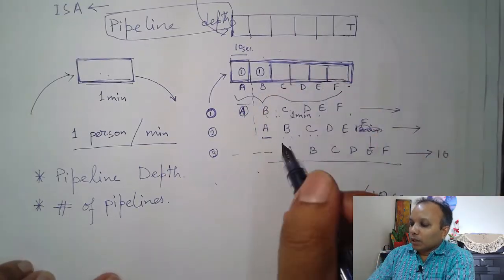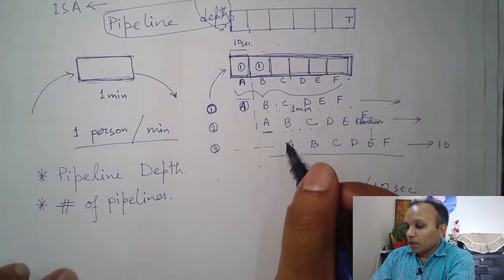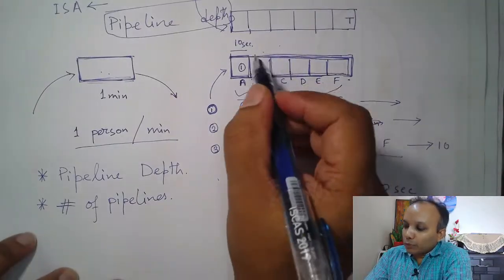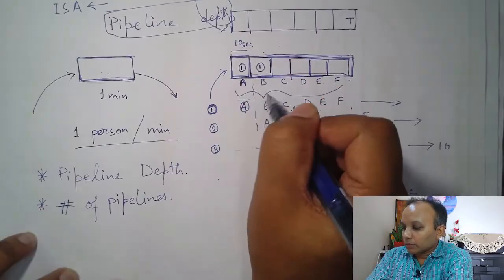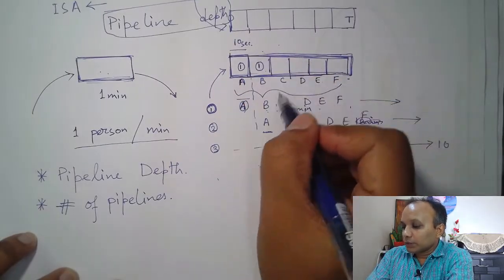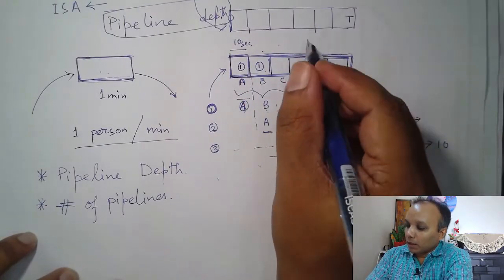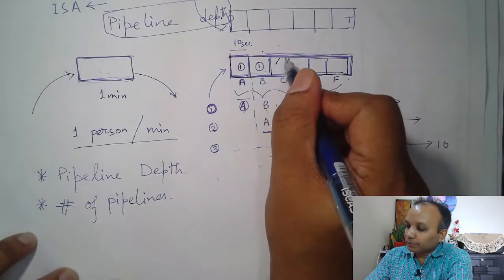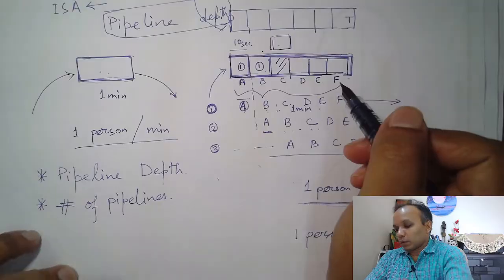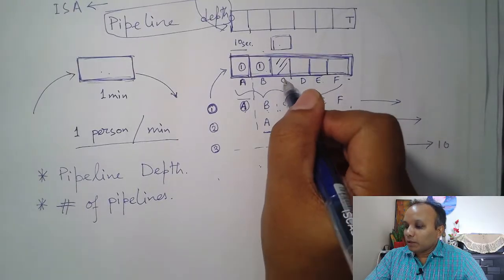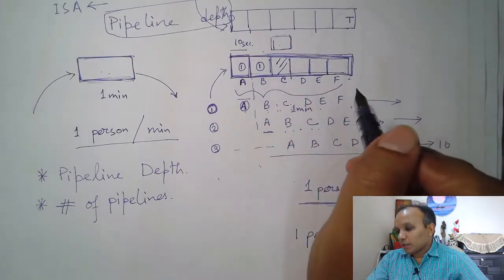Now the guy who is preparing, let us say, the roti in one of the stages. So let us say in this stage roti is being prepared. An analogy to this could be your execution stage.